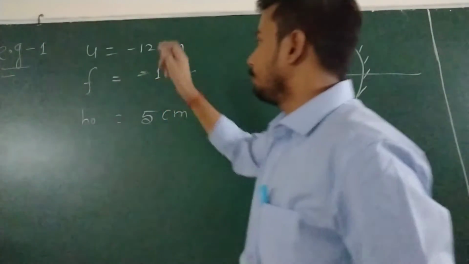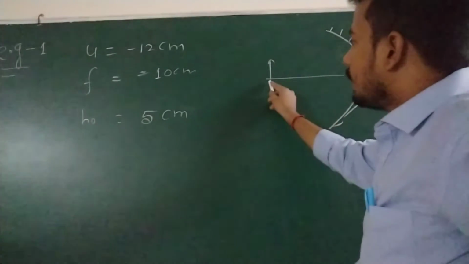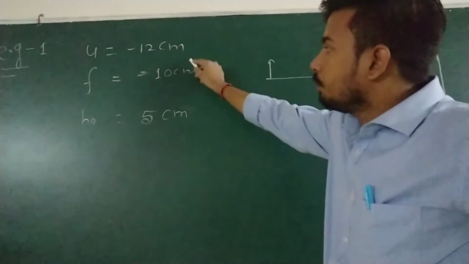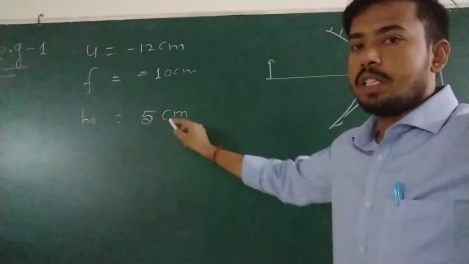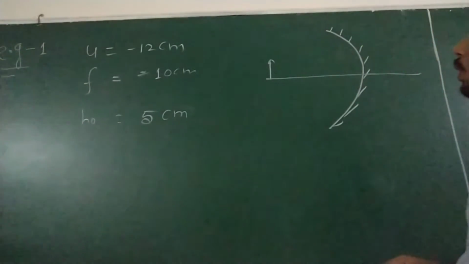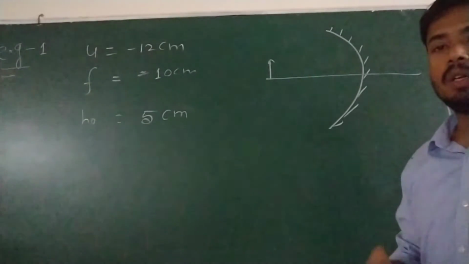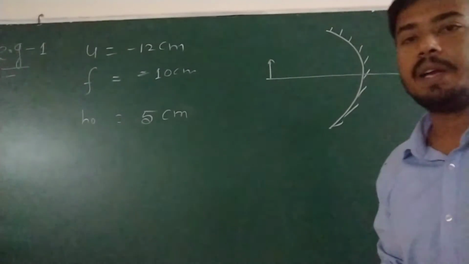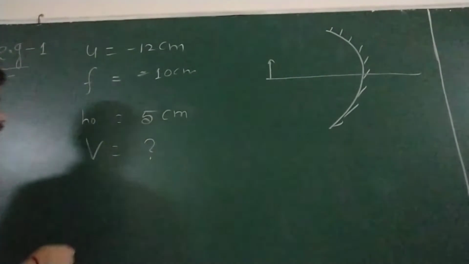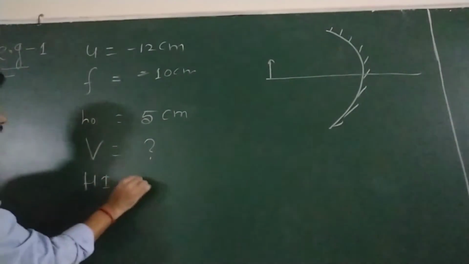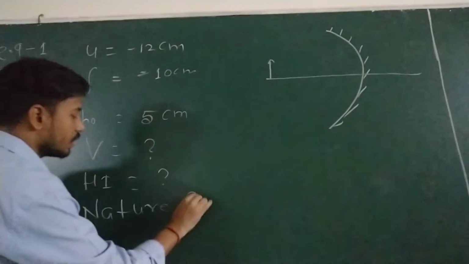The object is kept at a distance of 12 centimeter, the focal length of this concave mirror is 10 centimeter, and the height of the object is 5 centimeter. They have asked: what will be the position of the image, what will be the height of the image, and the nature of the image?